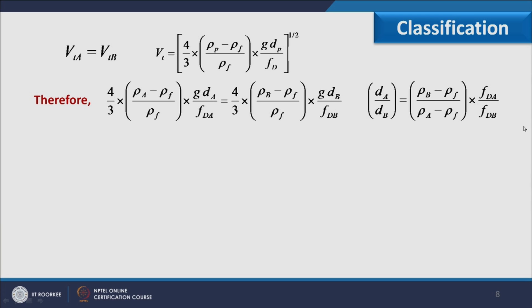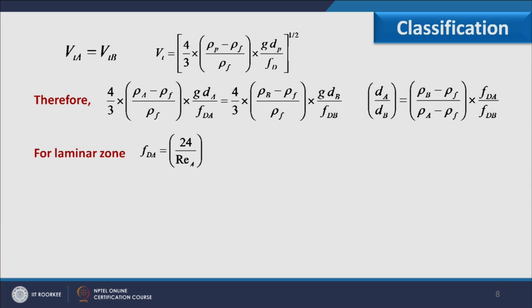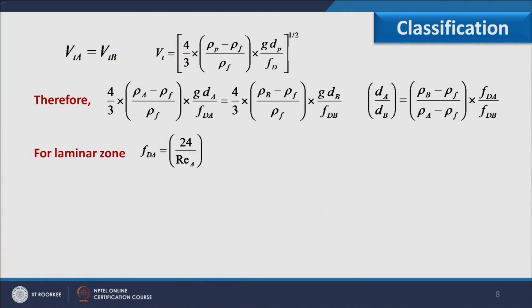So, here we have the drag coefficient ratio also, which further we can resolve by considering different zones. For example, if I am having the laminar zone, then you can understand Fd we can consider as 24 by REA, that is Reynolds number of particle A, and similarly FdB is equal to 24 by REB.